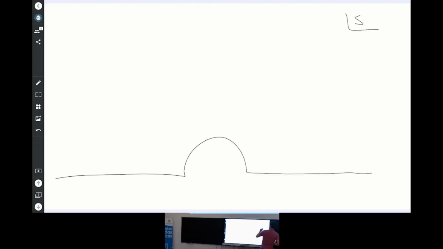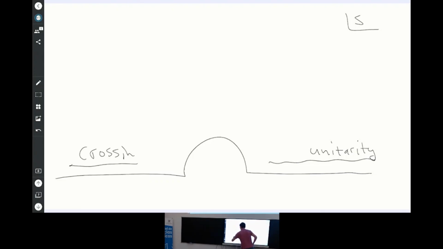So in this way, we can now play this argument where we draw the S-plane and we use unitarity here to bound the amplitude. We use crossing here. And we assume that the amplitude is sub-exponential here.